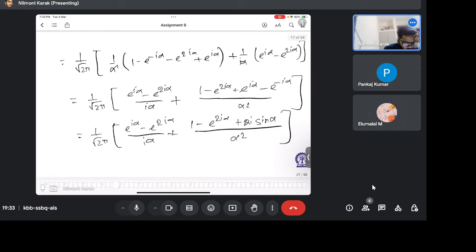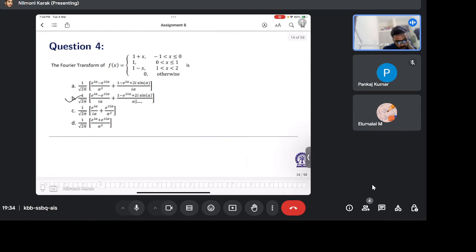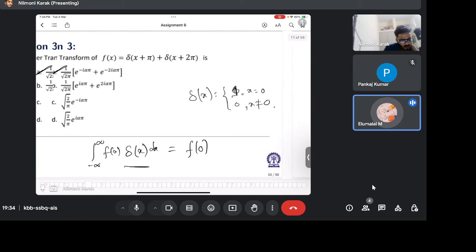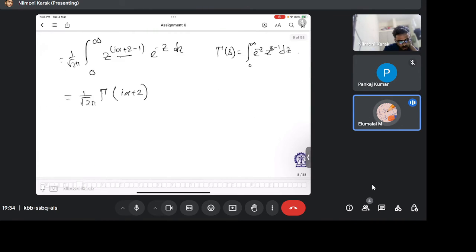No, gamma integral formula. Sorry, I cannot understand your voice. Gamma integral formula. Which integral formula? In the previous problem, the delta function, right? No, the previous, second problem.